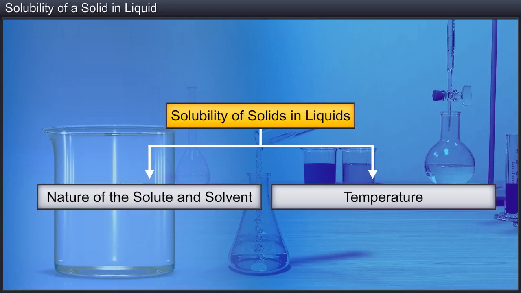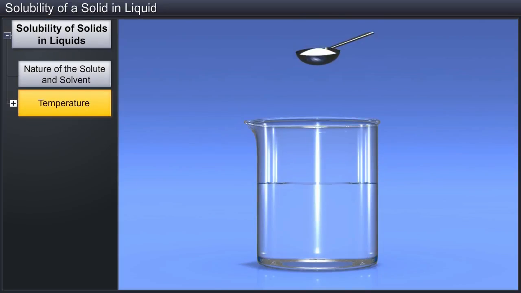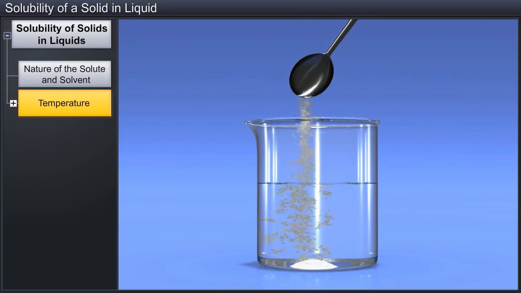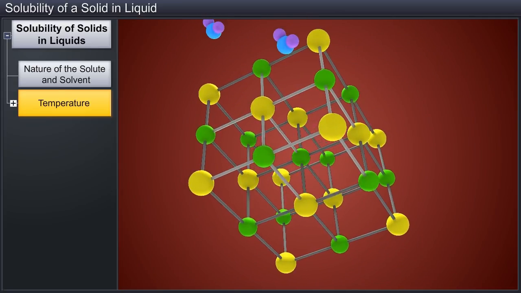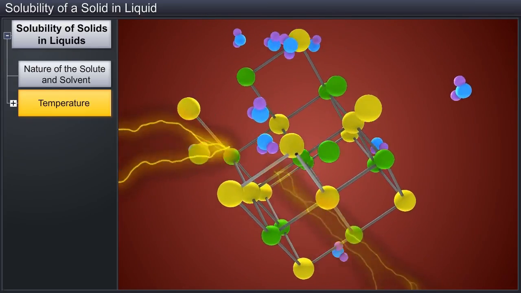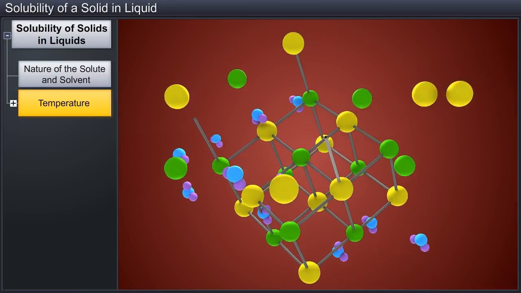The solubility of a solute also depends on temperature. When a solid dissolves in a liquid, a change in the physical state of the solid takes place. Heat is required to break the bonds holding the molecules in the solid together.